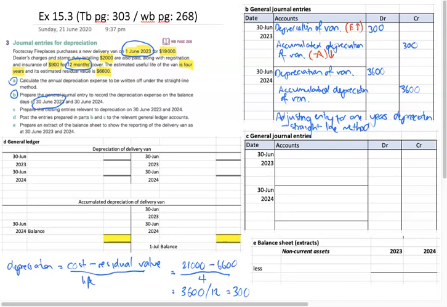We now have to think through C. And we're asked to prepare the closing entries for depreciation. When you say closing entries, I'm hoping that you are going to recognize immediately closing entries are where we determine profit. And what do we look for when we're determining profit? We look for our expenses.